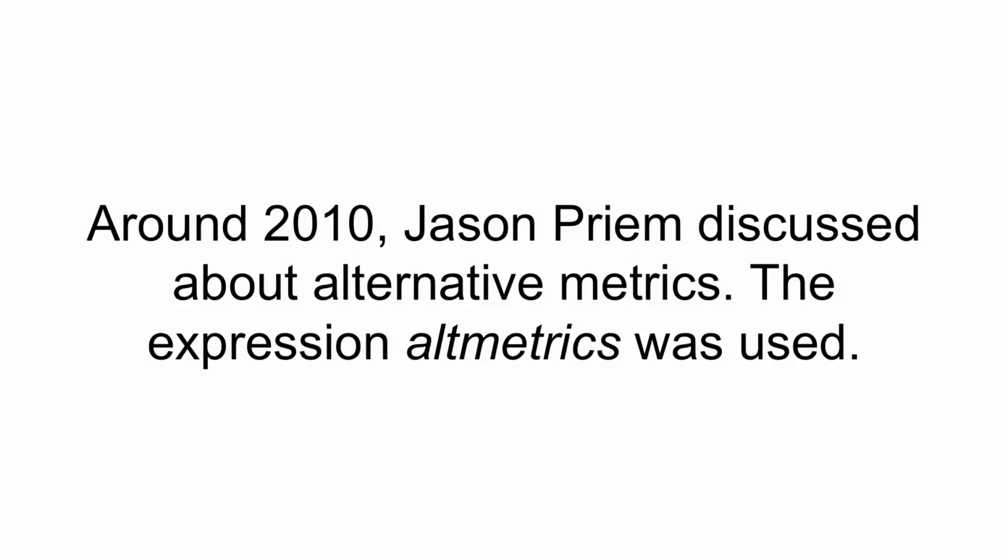change. The traditional metrics that we have spoken about are giving way to the new metrics, or what we call alternative metrics. In 2010, PhD scholar Jason Priem discussed alternative metrics.